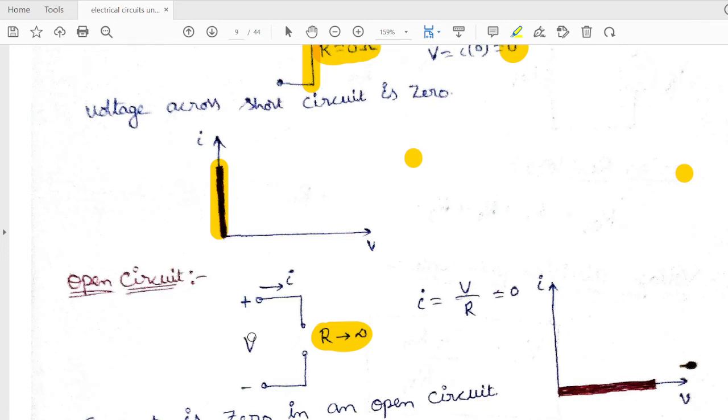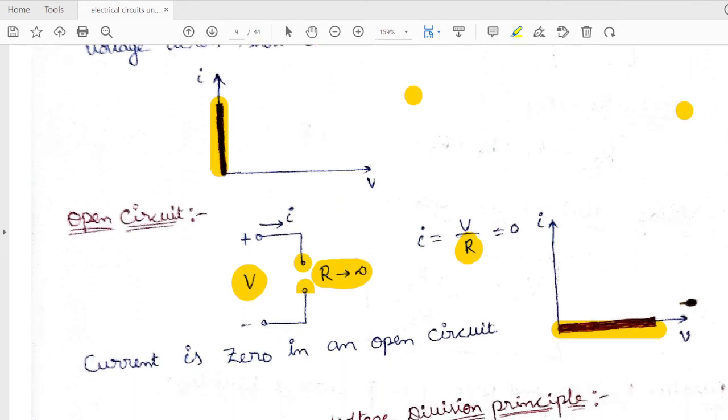Whatever the applied voltage V is, it will appear across these two terminals. So V will be there, but I becomes 0, because this R is infinite. Even though I am applying a very huge voltage, there is no current flowing through that open circuit. So current is 0 in the open circuit.